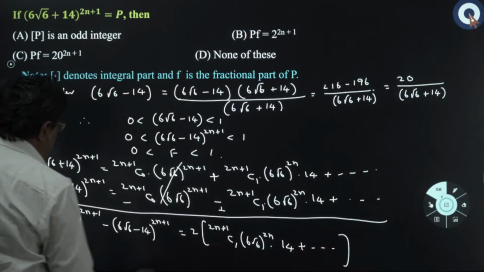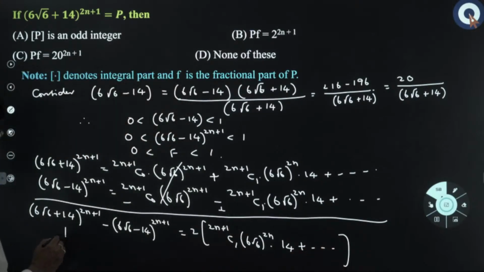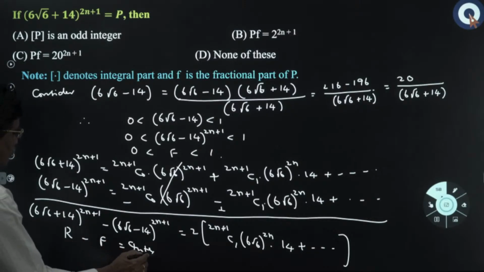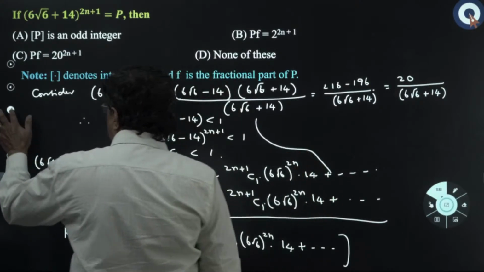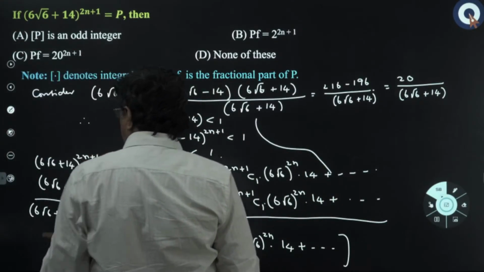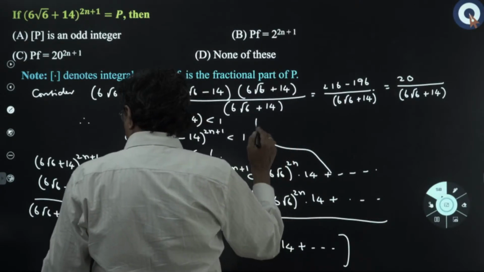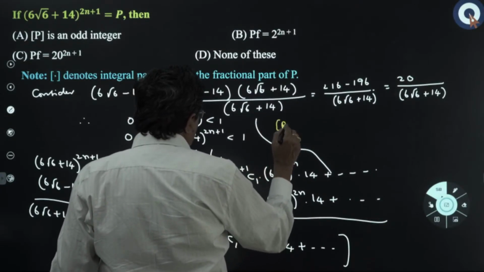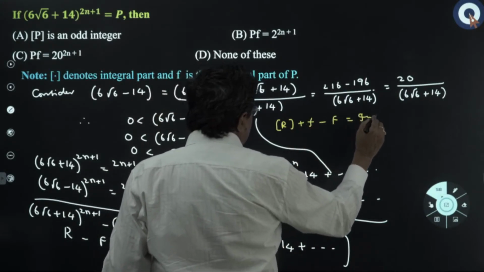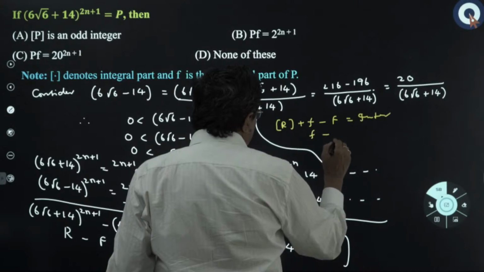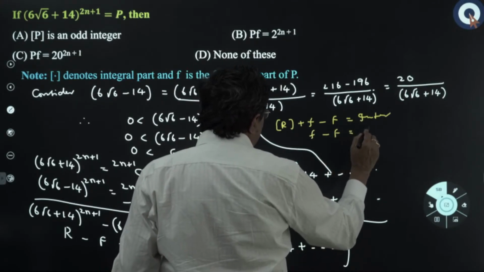So this is an integer, right? Now this, capital R minus capital F, is an integer. Capital R is basically its integer part plus its fractional part, minus capital F is an integer. So fractional part minus capital F is integer minus integer, an integer.